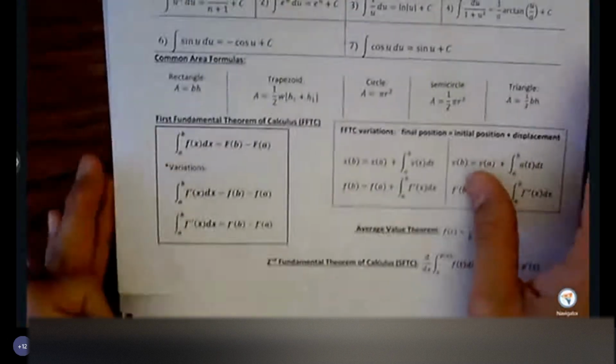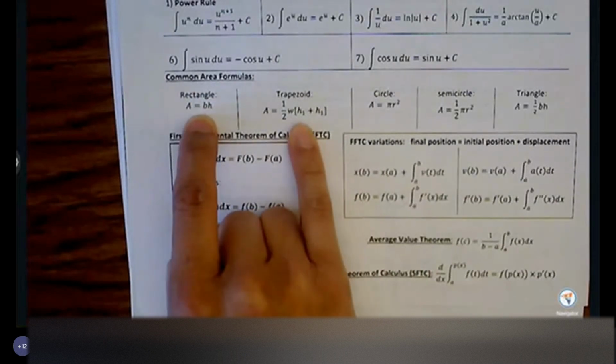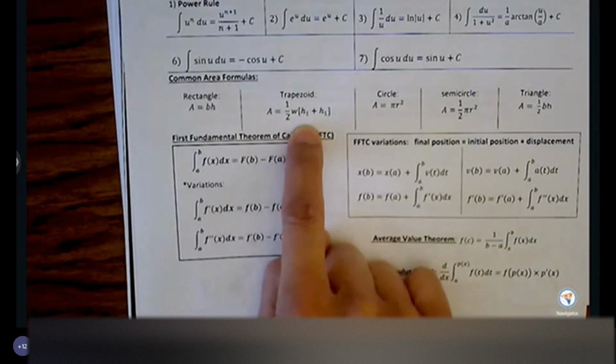Yeah, I think the only thing I put in the formula sheet is rectangle and trapezoid. Hopefully that's enough. Oh, all right. It's just width times height for all the rectangles, and then if it's trapezoid, you use this formula.